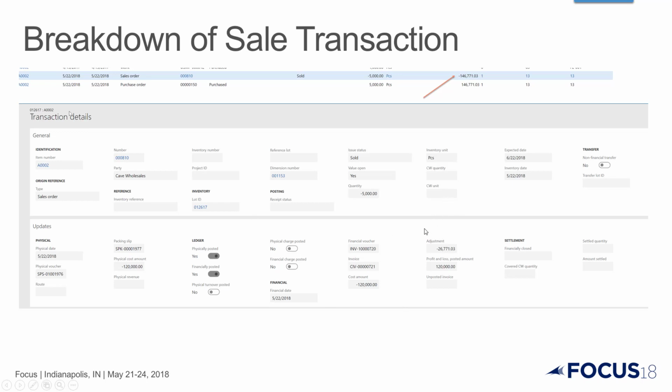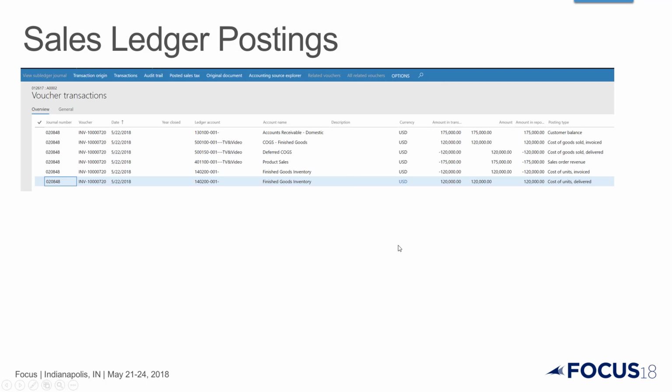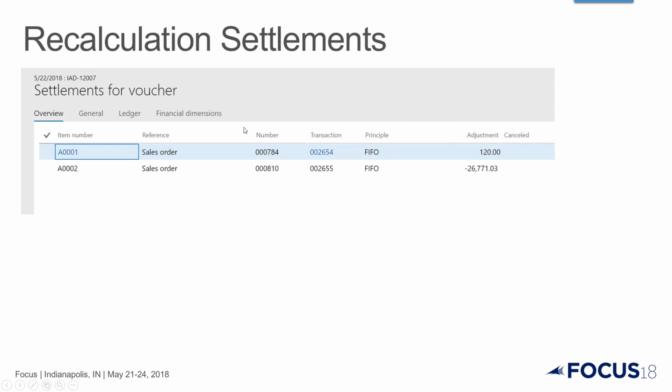So here was, I take that back, this does have the adjustment in it. Here's the associated posting. And this is showing the original posting, and that wasn't based on the 146,000. It was based on the 120. So that was a little bit confusing. But here's how it occurs.